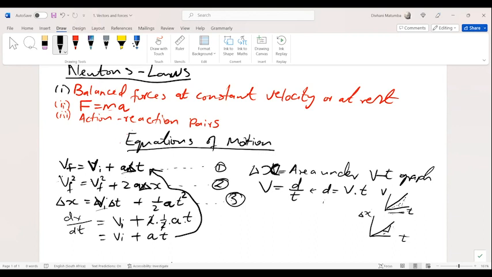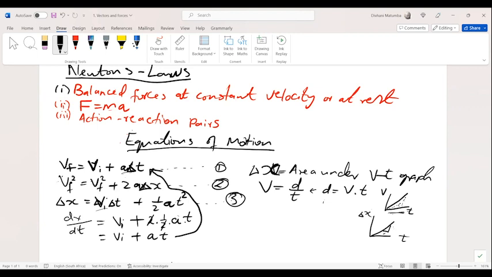Before we move, let me give a very important summary. The displacement is given by the area under the velocity time graph.